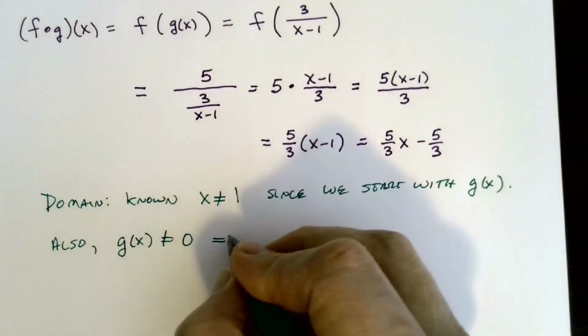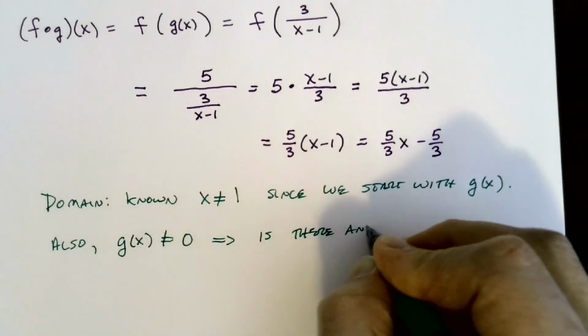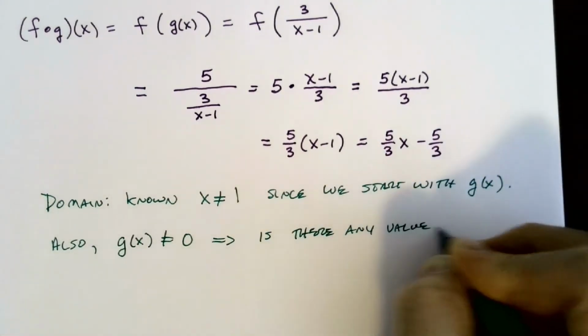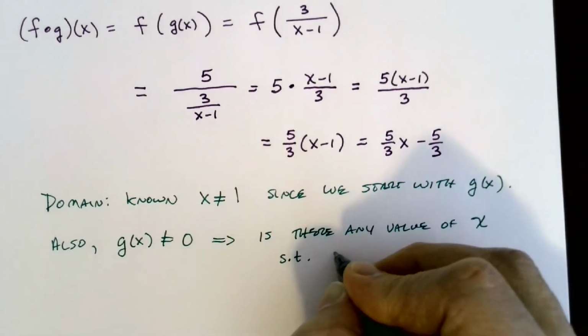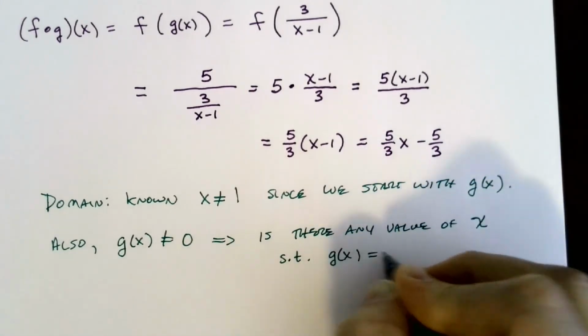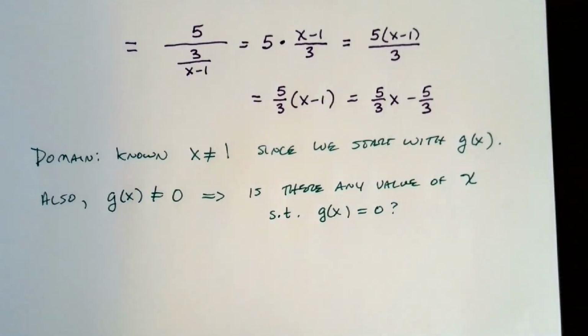So the question: is there any value of x such that g of x equals 0? Is there any such value of x?